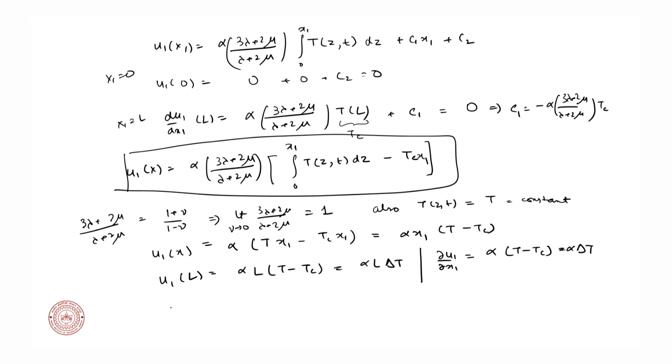Our new length of the rod after heating to a certain temperature, L new, will be equal to L plus u1 of L, and that will be equal to L (1 plus alpha delta T). That is the final length of the rod.